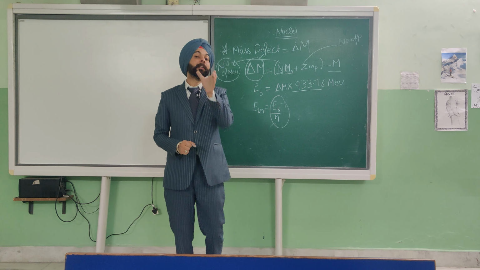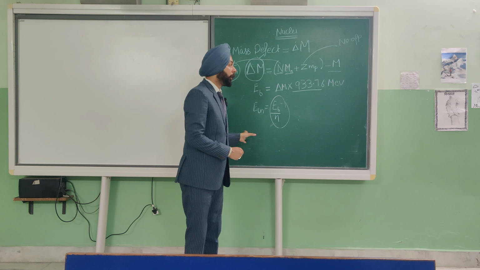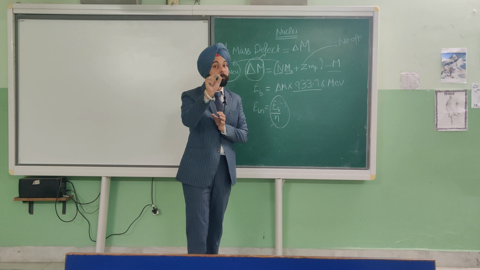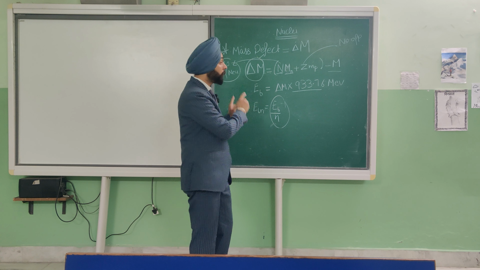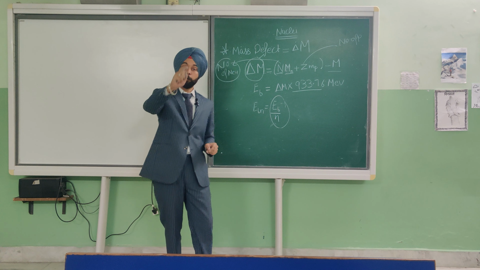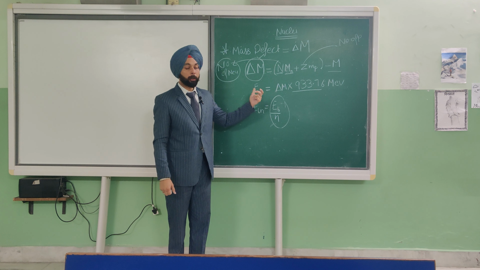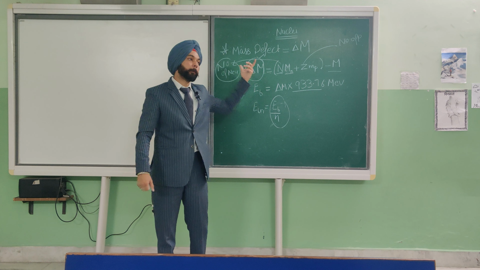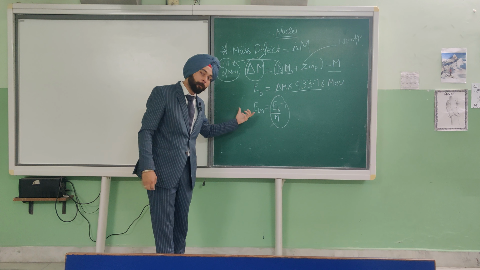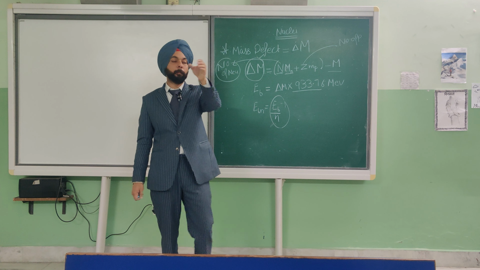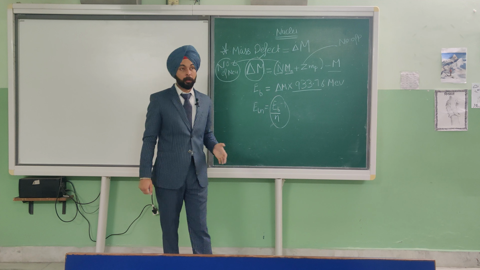Now the graphical representation of binding energy versus atomic mass is the most important concept in this chapter. If the examiner puts a question from this chapter, he or she chooses this topic, the graphical representation with mass defect and atomic mass.